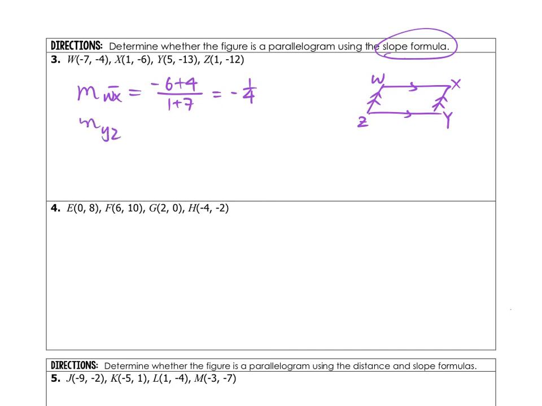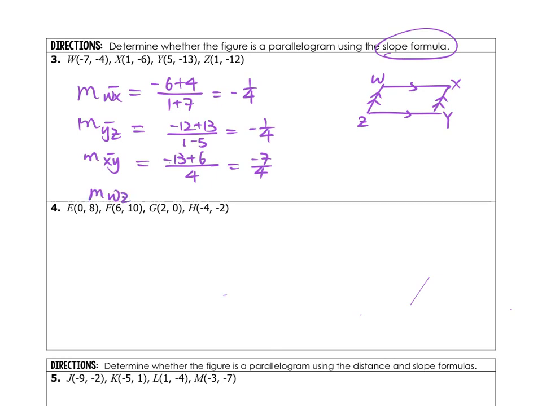Slope of YZ is negative 12 plus 13 over 1 minus 5, and that would be negative 1/4 too. And the slope of XY, if you do your arithmetic correctly, should be negative 7 over 4, and if you calculate your WZ correctly, I'm going to skip that, I have negative 1.